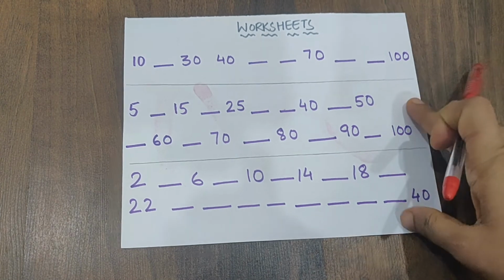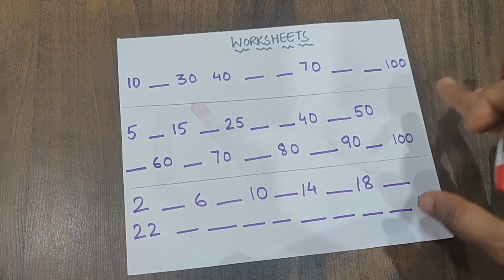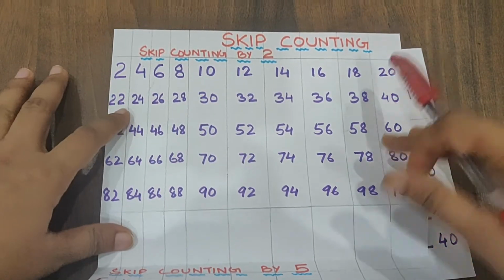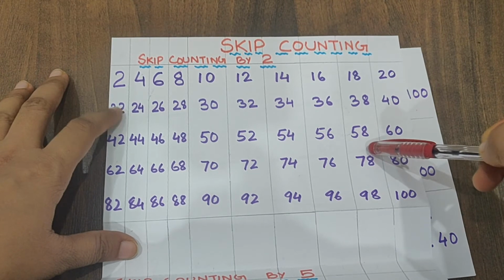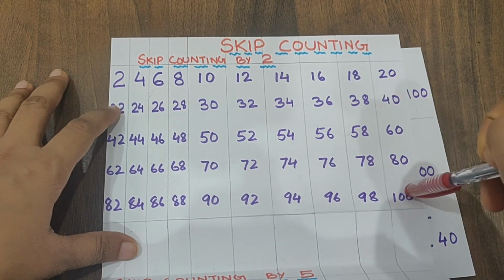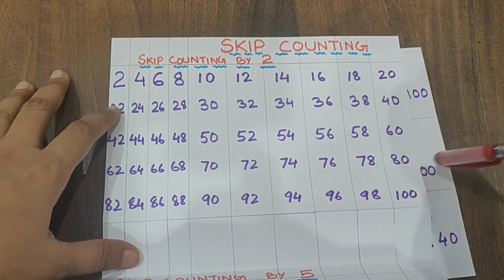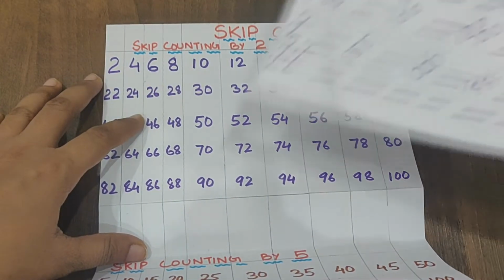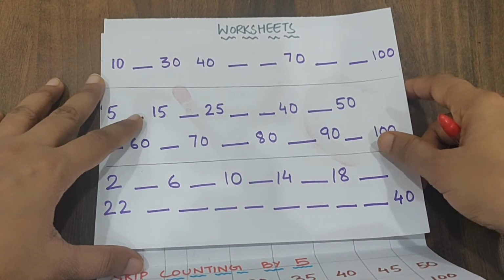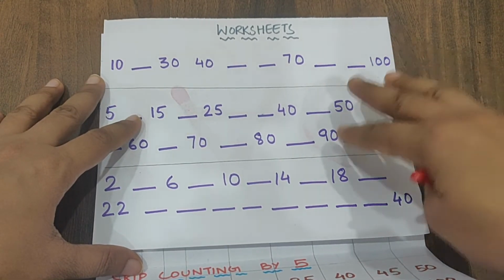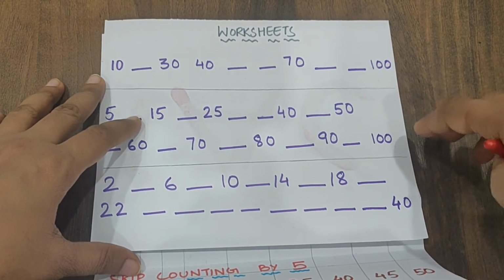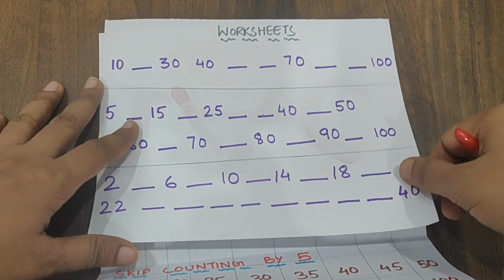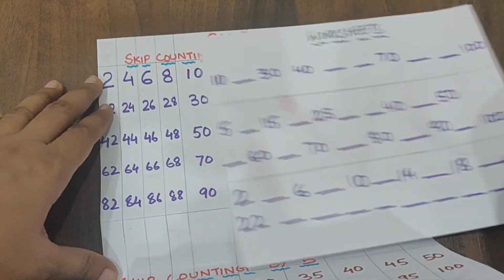So I hope that this worksheet and the grid, whatever I told you today, would be quite helpful for you to understand the skip counting concept which is introduced to kids in LKG, and also make sure that you make similar kinds of worksheets as I have shown you over here, and you help the child understand how skip counting is done, such that he or she does not face as much problem when reaching UKG and being introduced to multiplication.